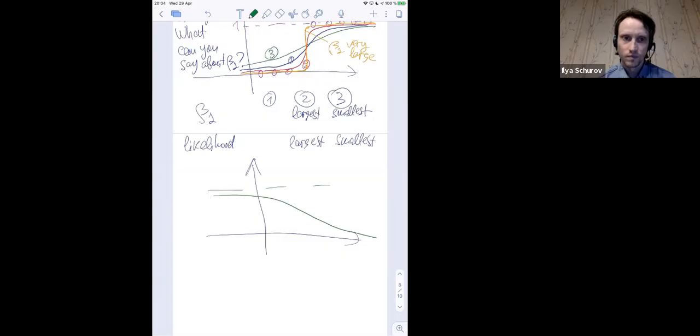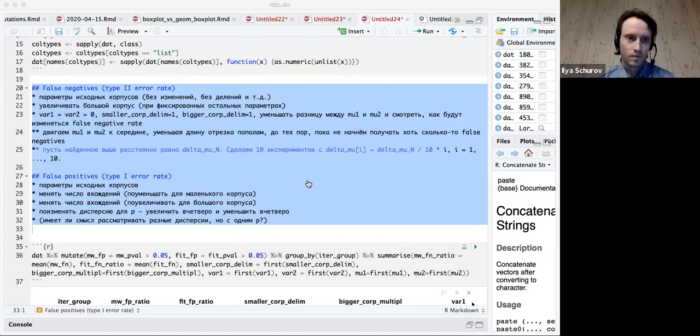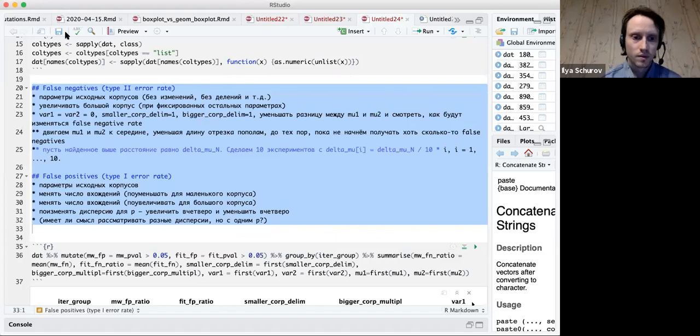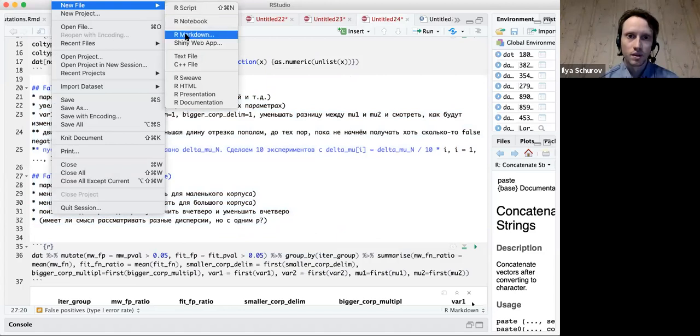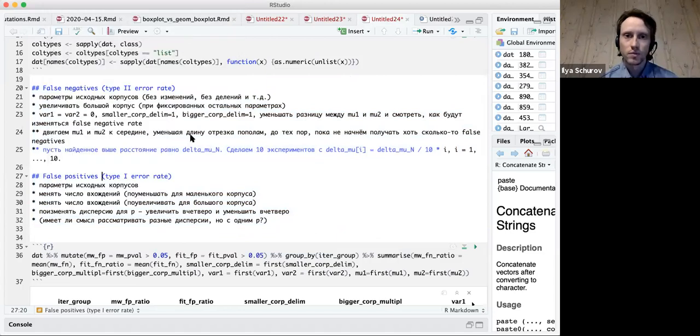I need to share my screen again. So let me create a new R Markdown.